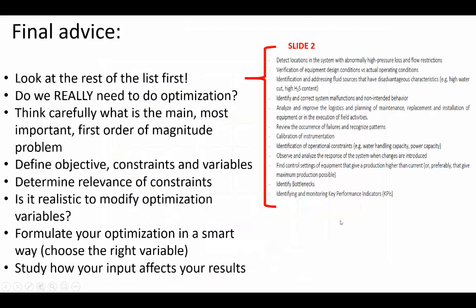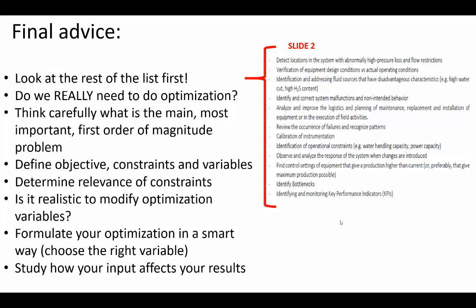So, final advice to conclude this lecture: before you embark on a production optimization project, just look at the rest of the list first. There are a lot of gains to be achieved simply by looking at the pressure drop pattern, failure patterns, and trying to improve and make work processes more effective.